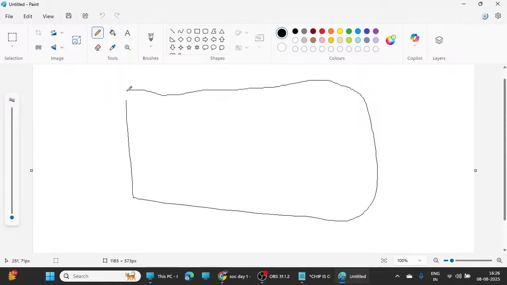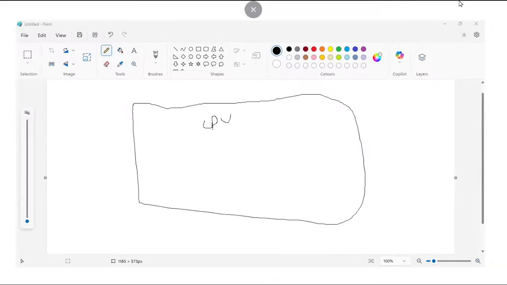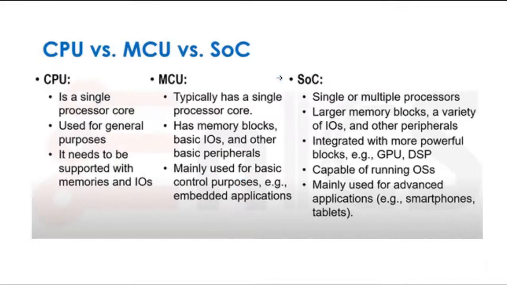Inside that chip it has a number of CPU cores. Sorry, it will take some time, so I will just explain. Inside the SoC chip, we can build a number of CPU cores, and then it has the GPU.